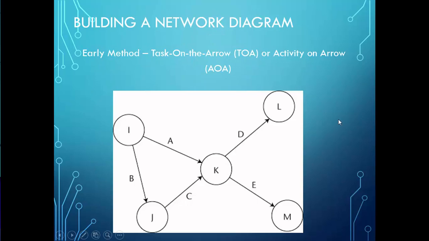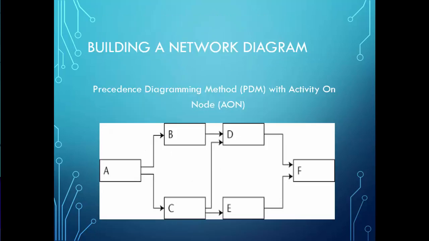Network diagrams can be built in two different methods: either task on arrow or activity on arrow, as we call it, or we use task on node.